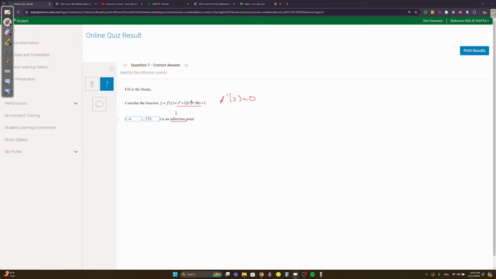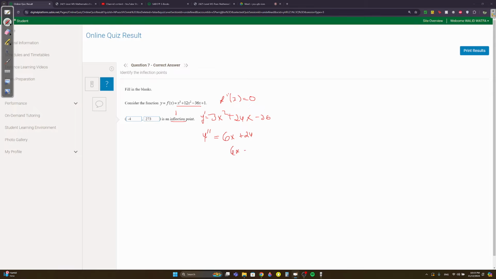So let's derive. The first derivative in this case will be 3x squared, minus 2 times 12, 24, x, and 1 times 1 is 36, minus 36, no more x. Second derivative: y double prime, derive again, 6x minus 24.